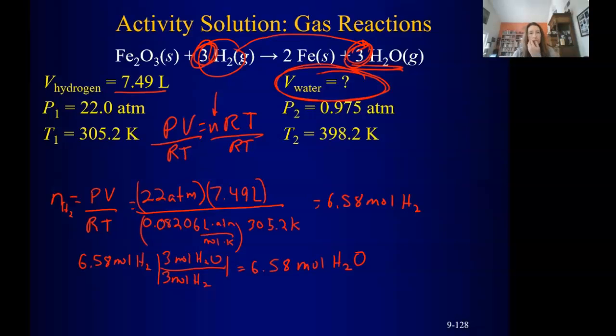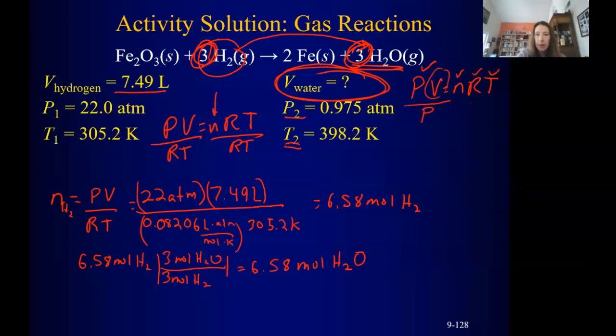Okay, so now we need to find our volume of water. So PV equals nRT. We have a pressure. We have a temperature. Now we have moles. We have an R. We just need to solve for our volume.